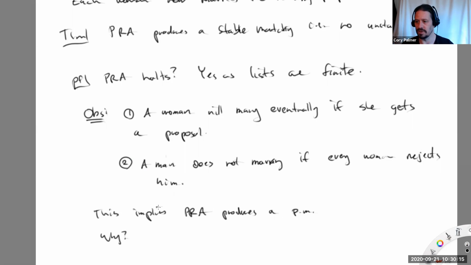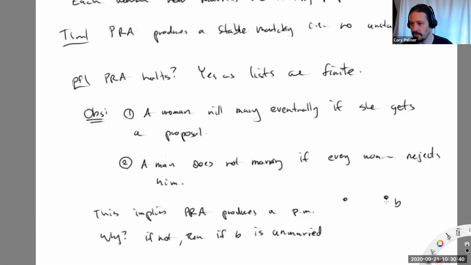Well, it actually just follows immediately from 1 and 2, but suppose it doesn't. So if not, then if we don't produce a perfect matching, it means that there's some woman B who never marries.